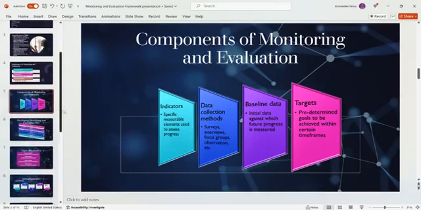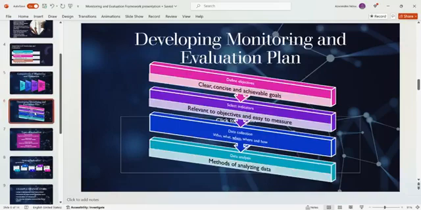The other issue that we are going to look at is the monitoring and evaluation plan. It's very important because we need to have the plan. When you enroll for this course at Teacher Training Academy, you'll get a detailed plan, and we can show you until you understand what the plan contains.